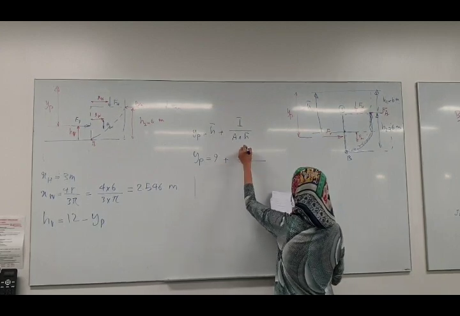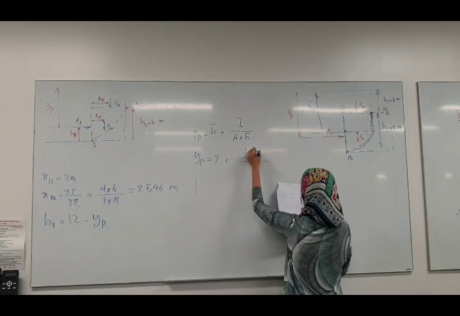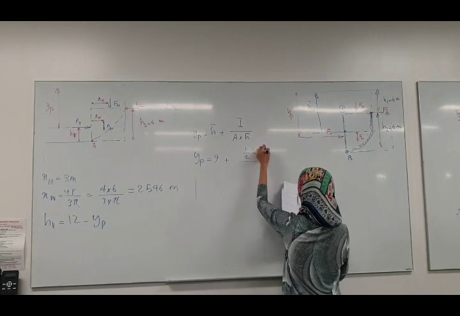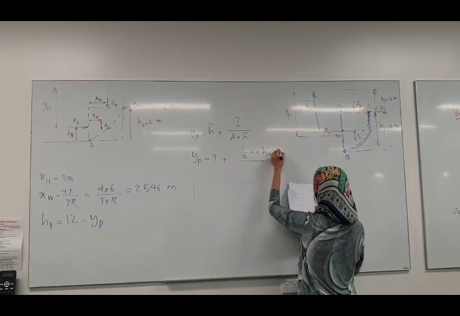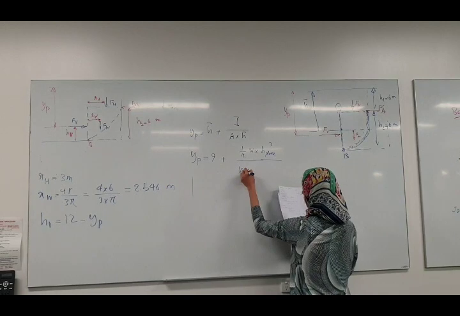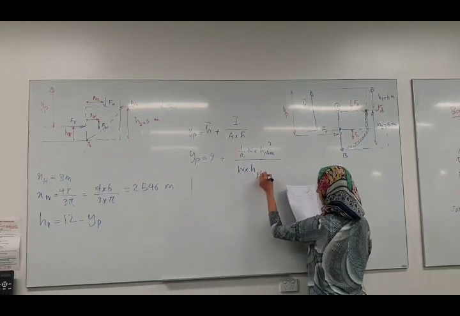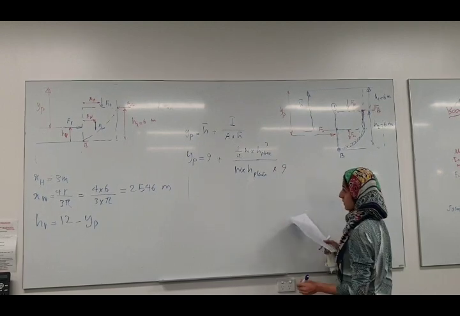The formulation for the I is W times the h of the plate cubed, divided by 12, divided by the area, which is W times h plate, times h bar, which is 9 meters.